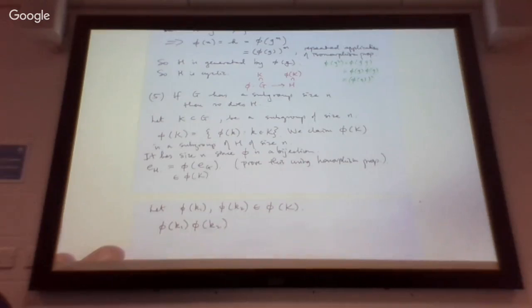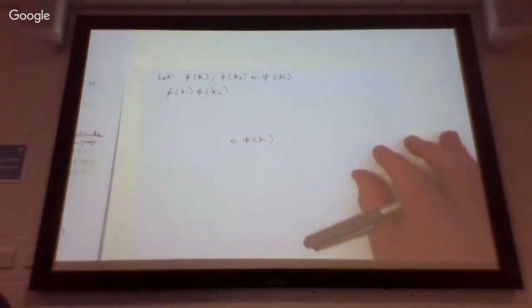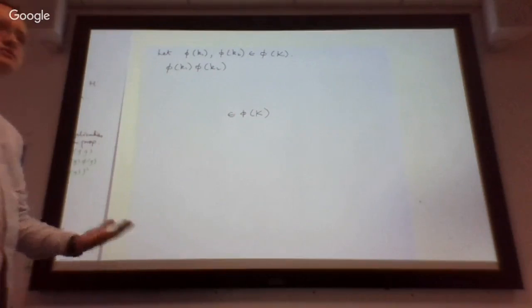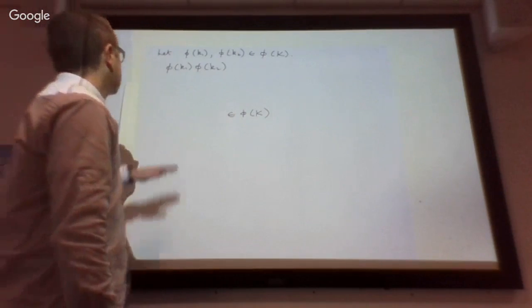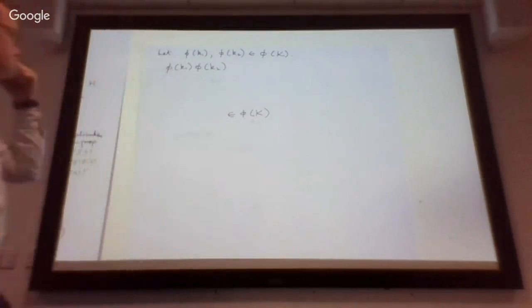I want to show that it's in phi of K. I'm trying to show that phi of K is a closed subset under the operation, so I want to show that the product of those two is in phi of K.